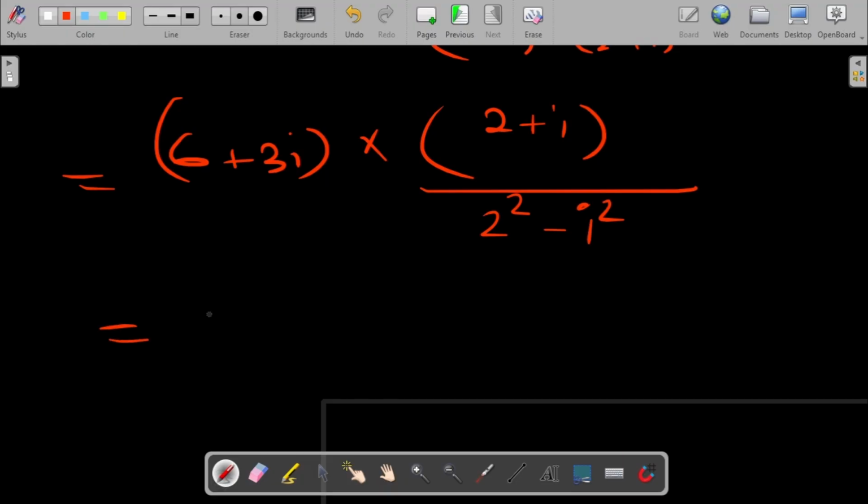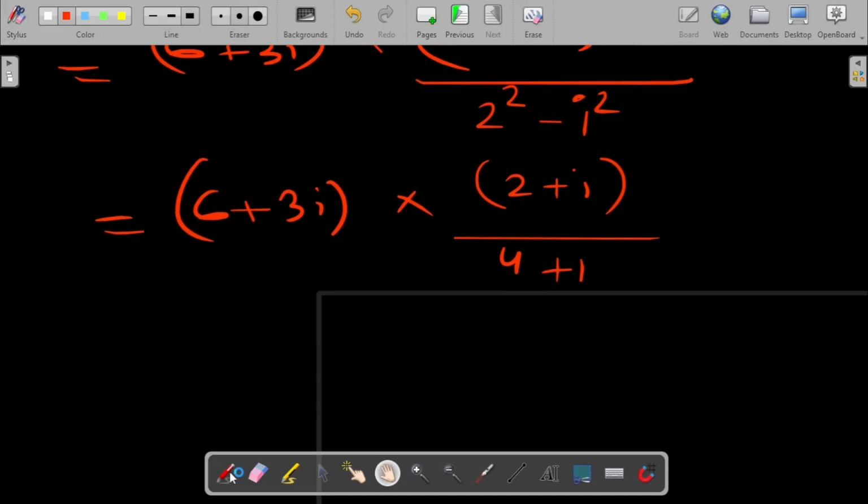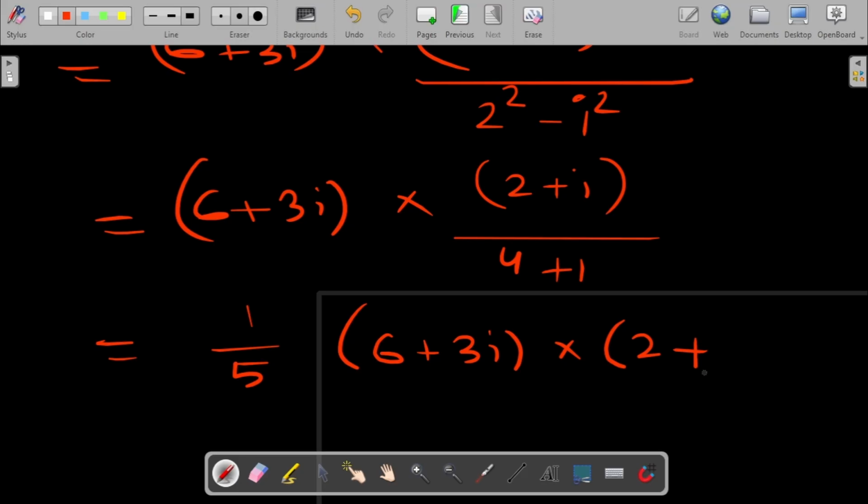So this equals (6 plus 3i) multiplied with (2 plus i), over 2 square, 4, and i square is minus 1, so minus minus is plus 1, 4 plus 1. It's equal to 1 divided by 5, (6 plus 3i) multiplied with (2 plus i).